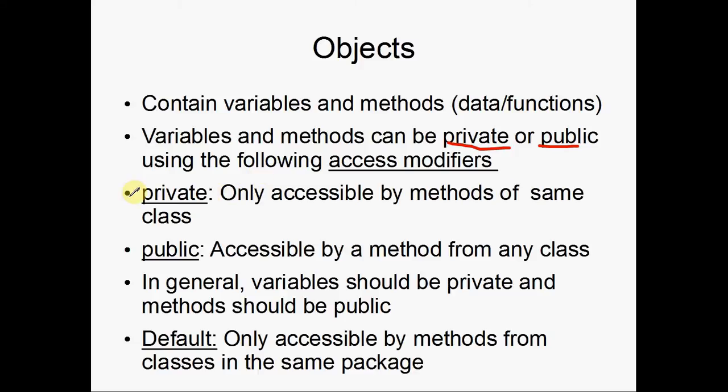If it's private, then they can only be accessed by methods of the same class. If it's public, then it's accessible by a method from any class. In general, variables should be private and methods should be public.